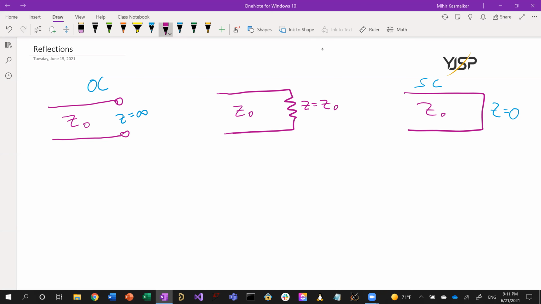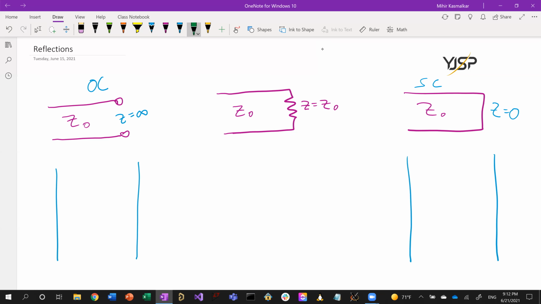For a given transmission line, it acts almost like a resistor with the value of Z naught. So when you terminate it in an actual resistor, or just an actual impedance, with the value of Z naught, then the line is matched and you don't have reflections. In the other two cases, the open circuit and the short circuit at the end, you have reflections.